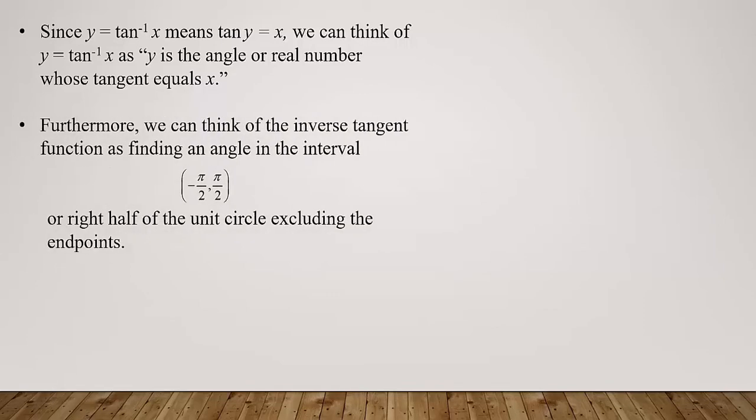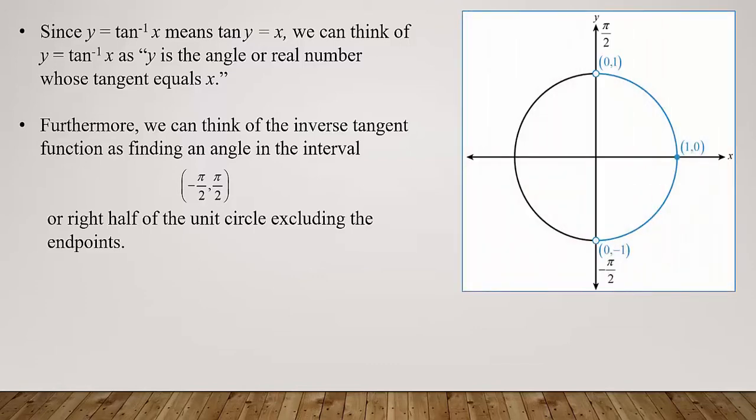Furthermore, I always thought the job of inverse tangent was finding an angle in the open interval negative pi over 2 to pi over 2, which matches up with the right half of the unit circle, excluding the endpoints. That's why you see open circles at (0,1) and (0,-1).